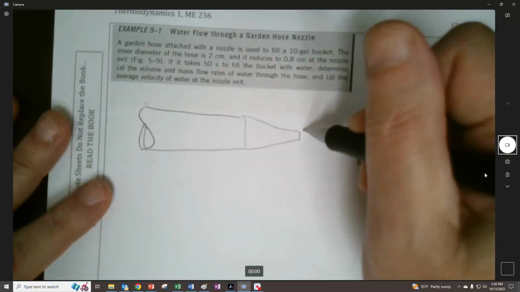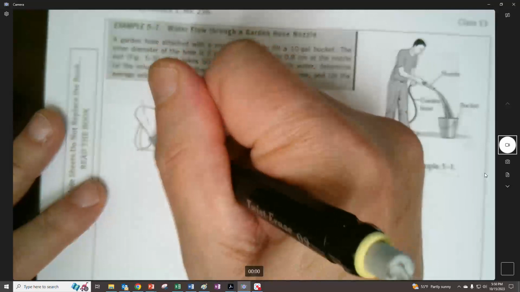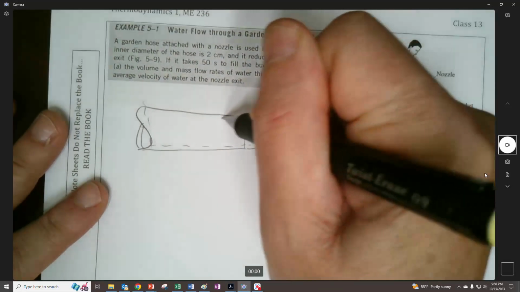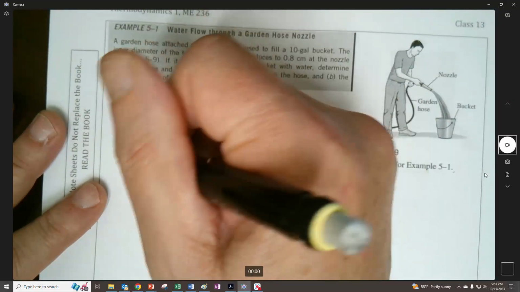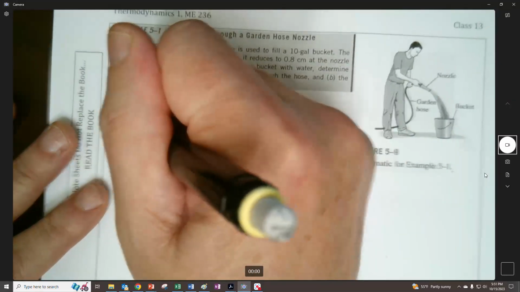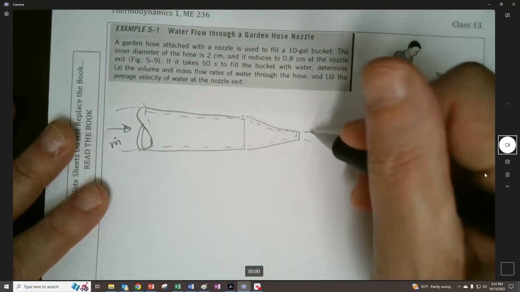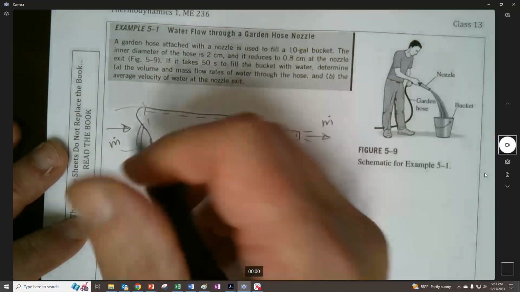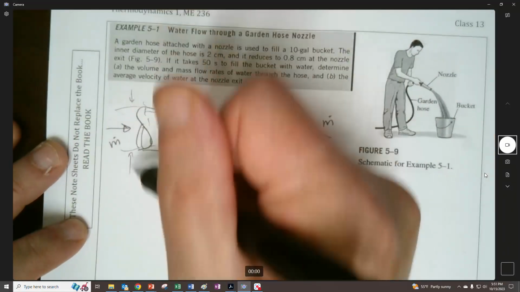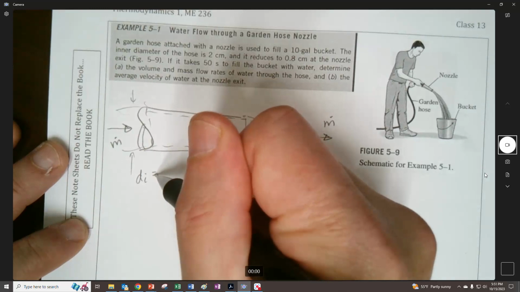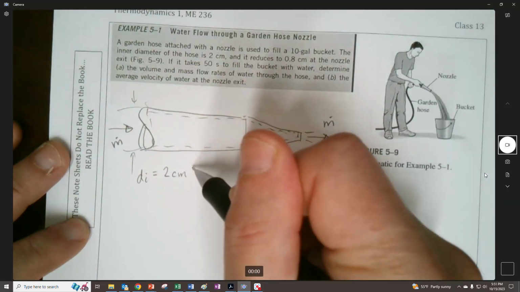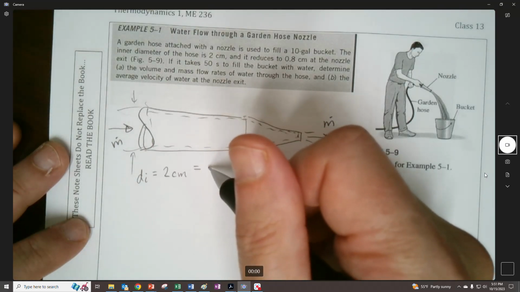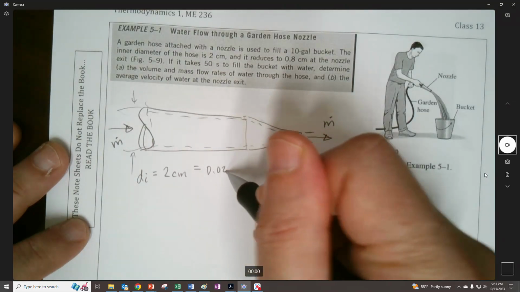Still not very good. Anyway, what we're thinking is making a control volume, like right there. And so we have mass flow rate coming in there, and it's coming out here. They told us the inside diameter was 2 centimeters, what most people would call 20 millimeters or 0.02 meters.